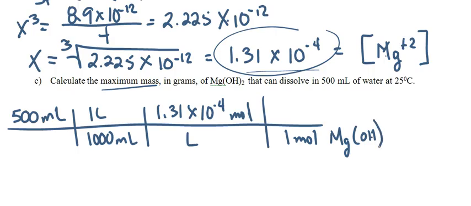I know it's 50 something, but I'm not 100% sure. 24.3 plus 32 plus 2 times 1.008, so around 58.316. And you may notice, if you're not used to my class, I don't round anything until the very end. And I think that's a good habit to get into. So let's take that value, 1.31.